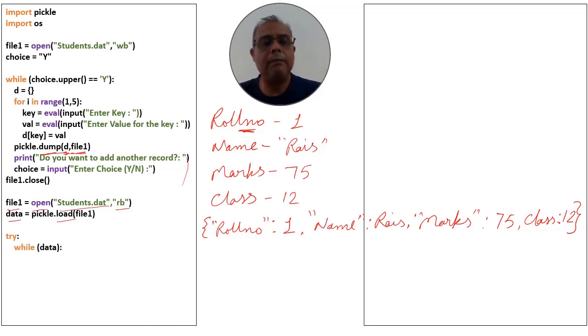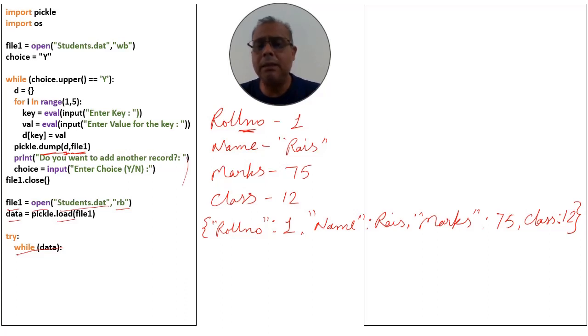So try, within try we are going to run the loop while data. Now this loop will keep executing till we find data inside the file. Let's say we have 5 records. We are going to find the data 5 times. But what will happen the 6th time?